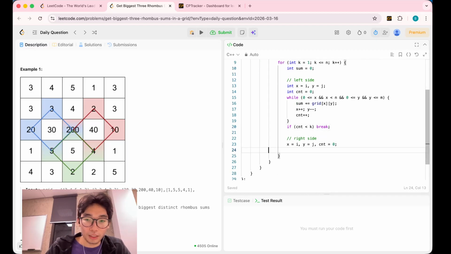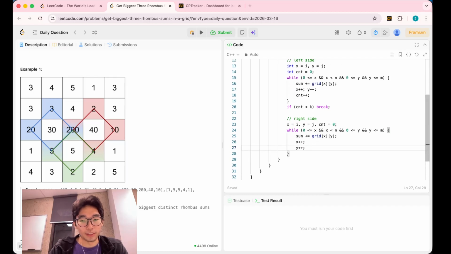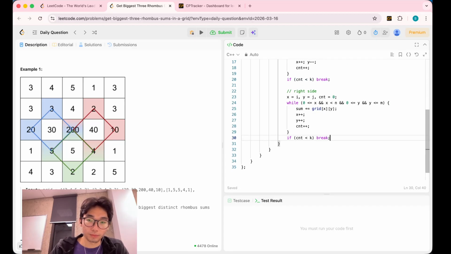Okay, now we have to compute. We have the same structure, where x is also increasing and y is also increasing and count is also increasing. Okay, now this left side.